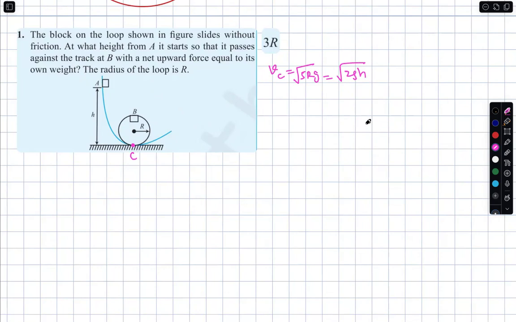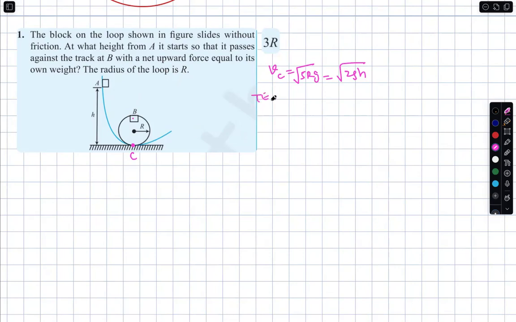Yes or no? Right. That's all. And number 2, you want it reaching B. That's what they are asking you. The radius of the loop is R. At what height A it starts so that it passes against the track B.